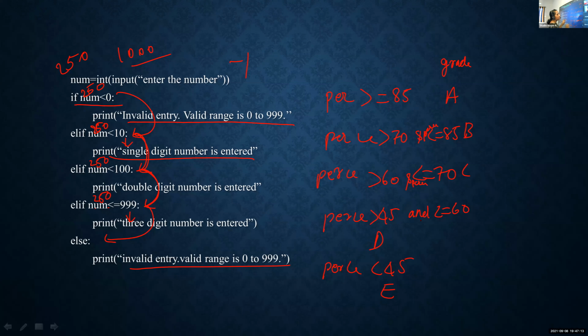The connector is the word and, not a symbol. Yes, if prc is the variable name, percentage greater than 70 and again write the variable name, percentage less than or equal to 85, then colon, print B, just like that.